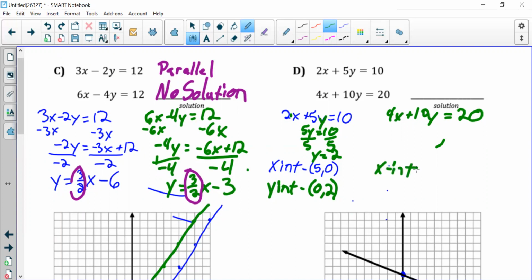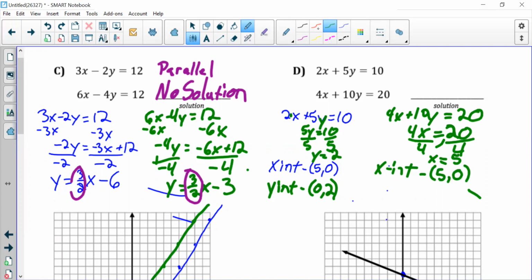So we cover up the y, gives me 4x equals 20. So 4x equals 20. Divide both sides by 4. I get x equals 5. So my x-intercept is where x equals 5 and y equals 0.